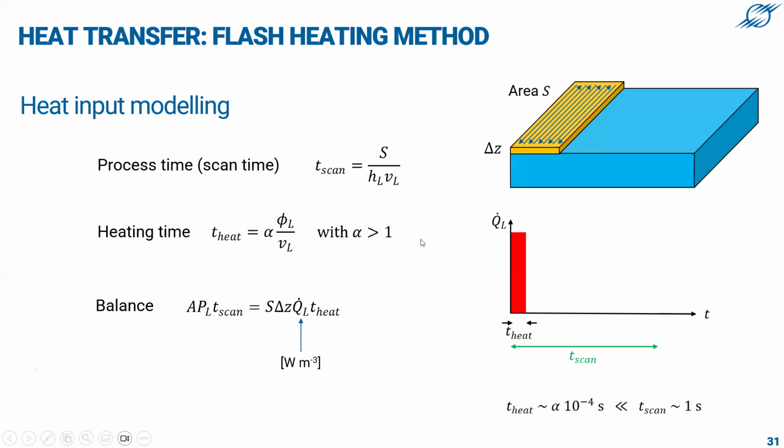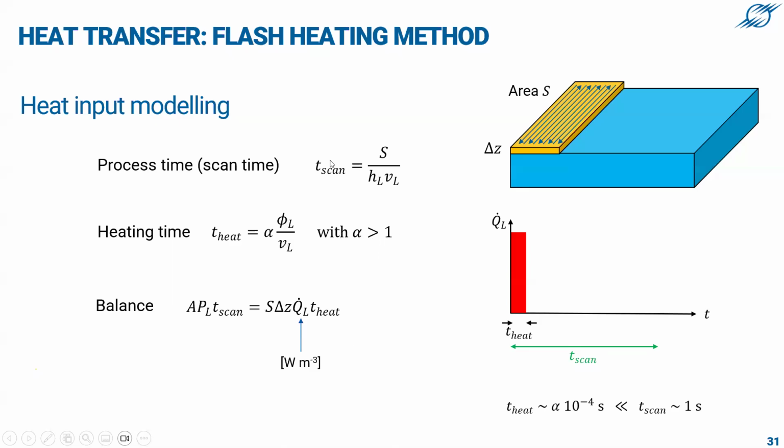So you know the t-scan, and the heating time, the time during which you will heat this yellow domain, is in fact the interaction time that the matter has with the laser. And this interaction time is phi, the diameter of the laser beam, divided by the velocity. And you introduce a coefficient alpha because in fact this phi divided by v is very short. So alpha is a mitigator, making the problem less stiff, I would say.